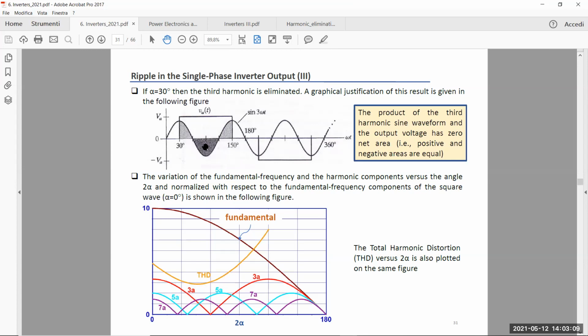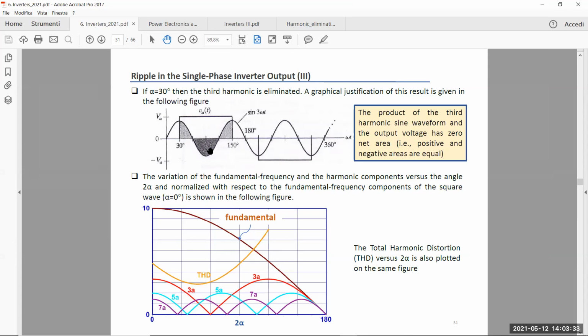Look at the multiplication between these two functions. The multiplication is not null only in this part, because here we have 0, and so the product between the sine wave and V naught gives us 0. The integral is extended over this half period, as I showed you before.